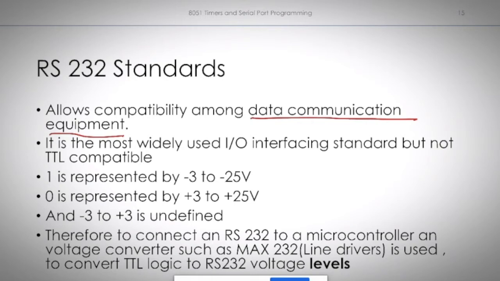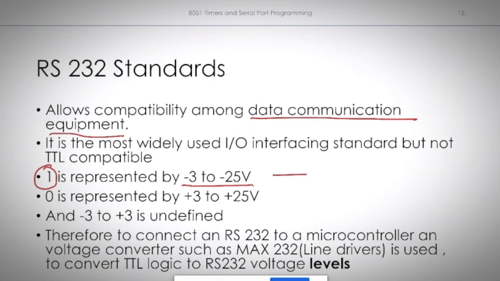Let me tell you the difference between RS232 and normal TTL logic. In normal TTL logic, a 0 is represented somewhere near ground and a high is represented above 4 volt, around 5 volt. But look at the RS232 standard. In RS232, a 1 is represented by a voltage level between -3 and -25 volt. It's quite unusual, right?